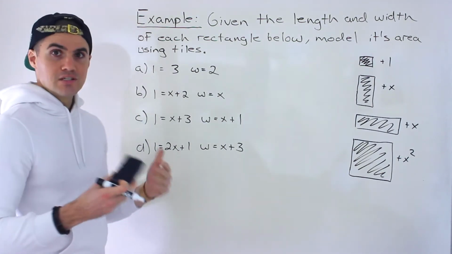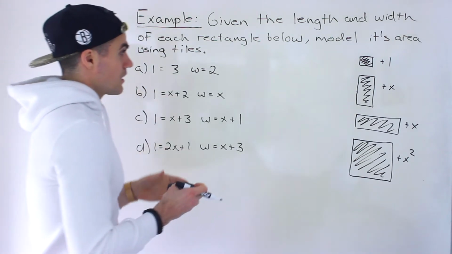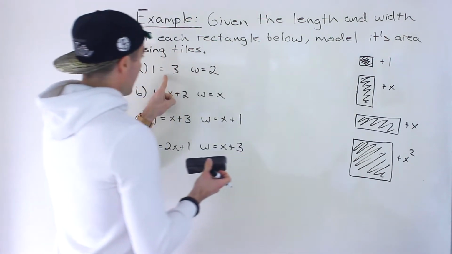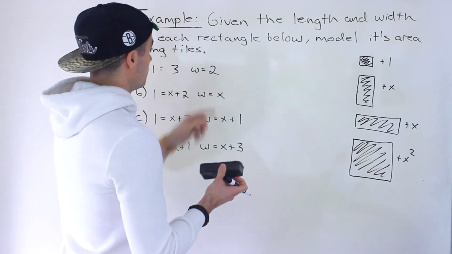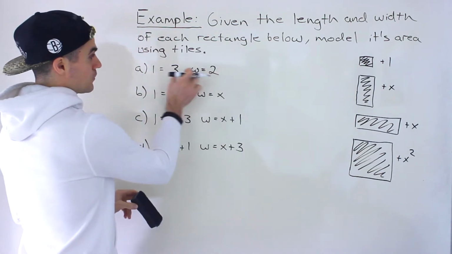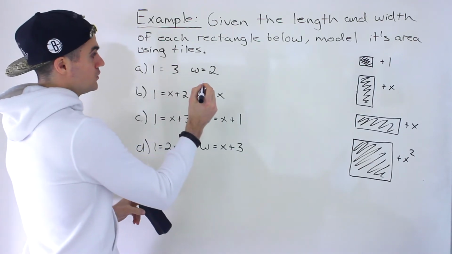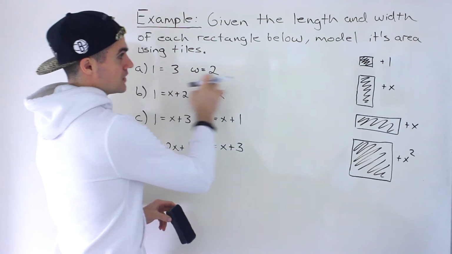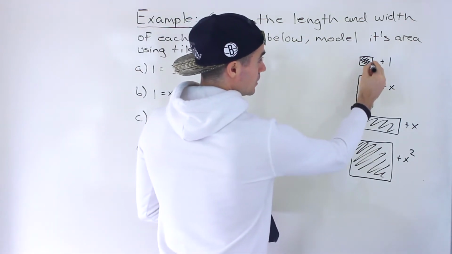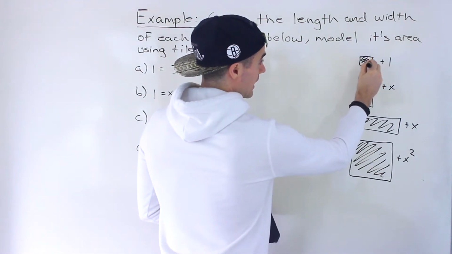Okay, so how do we do these? So let's start off with part A. We have the length equaling 3 and then the width equaling 2. So notice here we're just dealing with numbers. And so what you want to do is, if you're just dealing with numbers, then we're only going to be dealing with these kinds of squares.